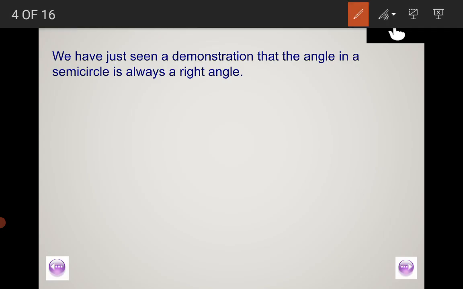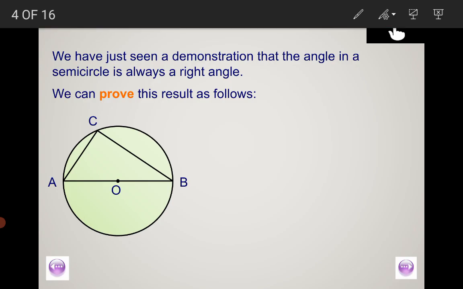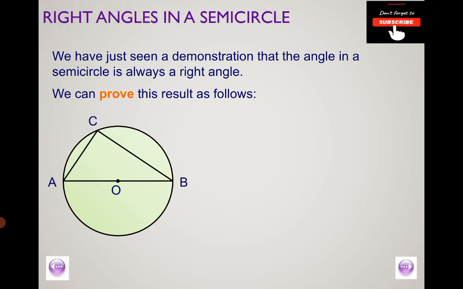What this means is, suppose we draw a circle such as this one. This is our circle, and we can call it circle ABC.